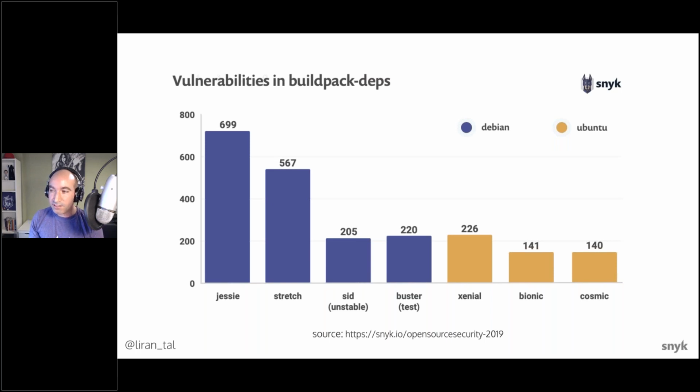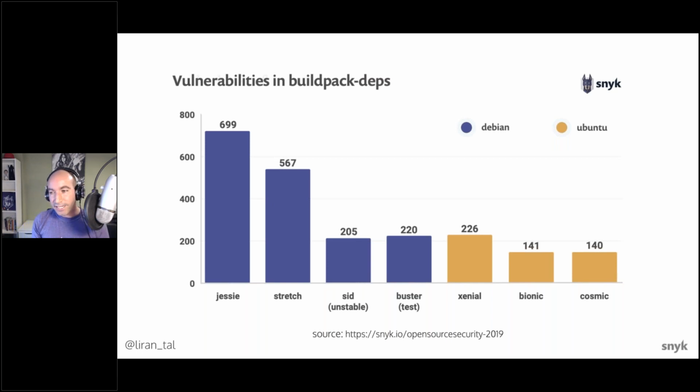This chart shows a very simple decision making process. For example, the official node Docker image is based on buildpack-deps, which itself could be based on either Debian or Ubuntu based distributions. It just depends which tag you're choosing.